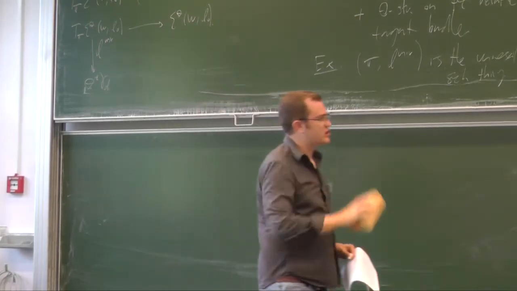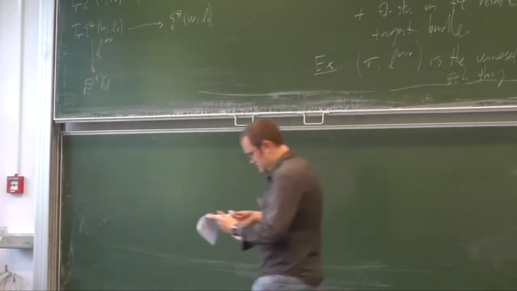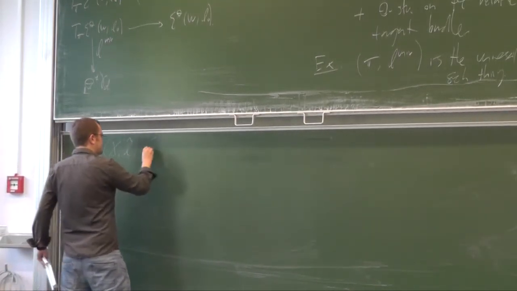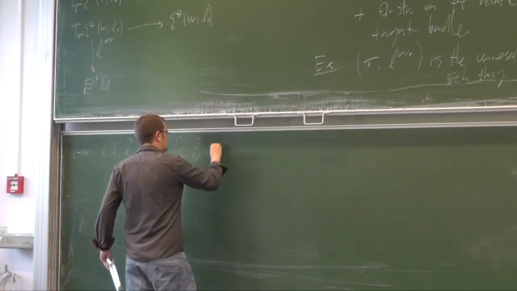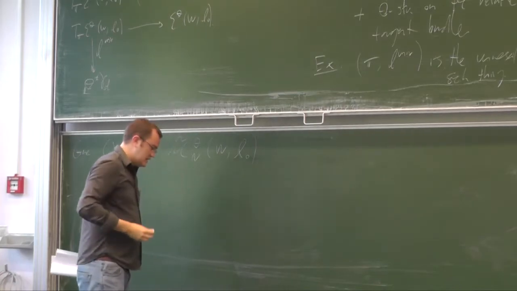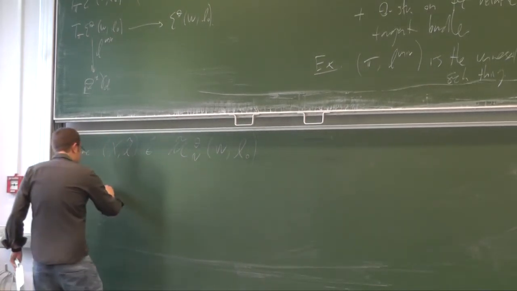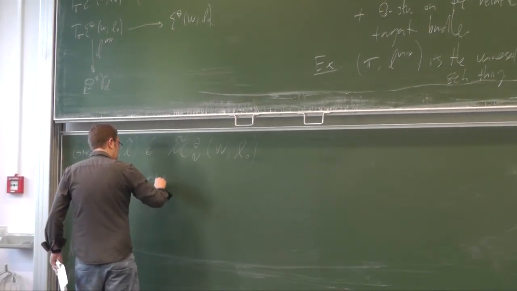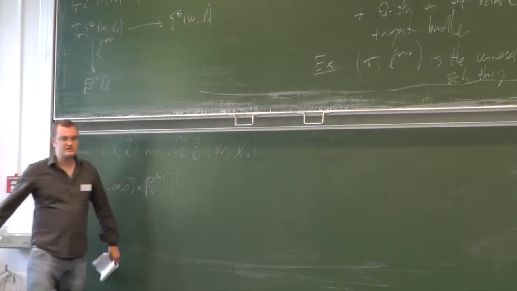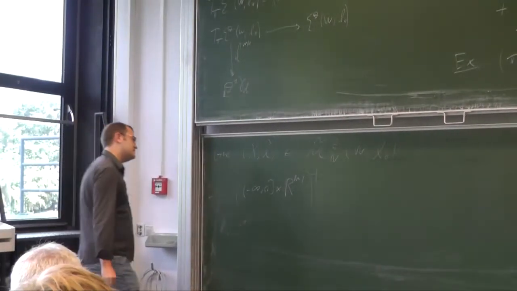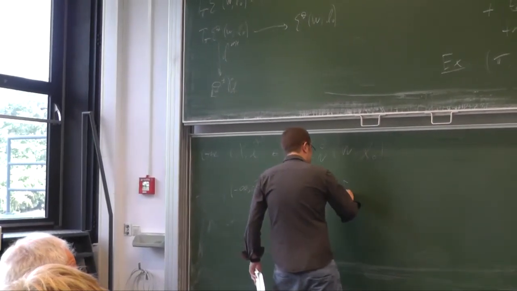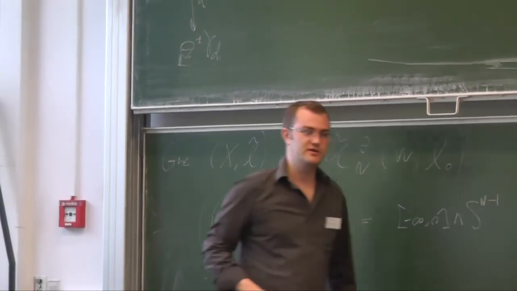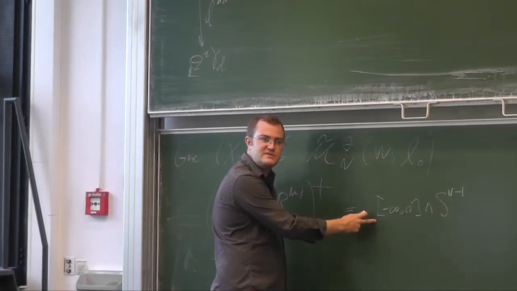Because of this existence of a sort of canonical tubular neighborhood that we know about. So what I want to say is, given x, L tilde in this space, what can I do? Well, I can look at minus infinity to 0 cross R^(n-1), and I can take the one point compactification of that. So if you think about what that is, that's the same as minus infinity to 0 smash S^(n-1), where minus infinity is the base point at infinity.